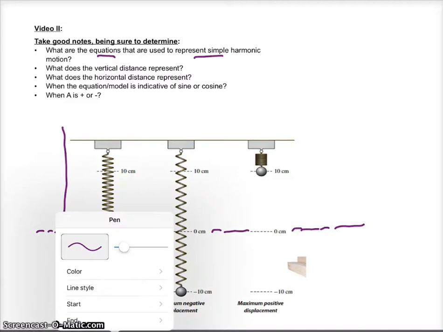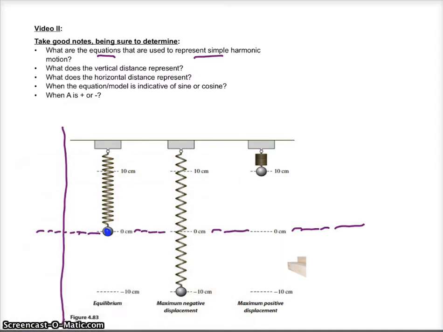All right, so if I were to trace the pathway of this ball on the end of the spring, or the weight on the end of the spring, from equilibrium to its maximum negative displacement, back to equilibrium, its maximum positive displacement, and then back to equilibrium.